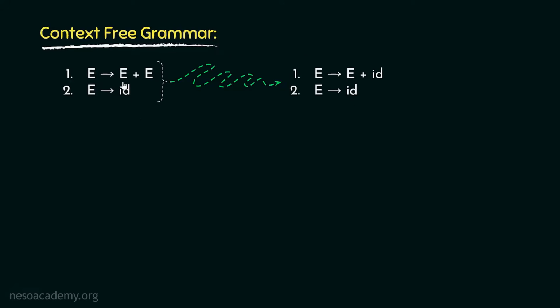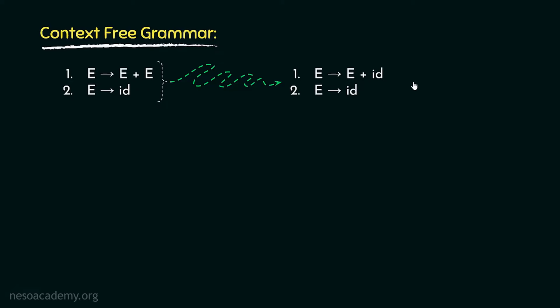Observe, apart from E plus E, E could only be rewritten as ID, right? So instead of E plus E, we will now derive E plus ID. Also, we should always be able to produce ID, so we are keeping the rule E can be rewritten as ID as well. Basically, we just restricted the flexibility of expanding the derivation on both sides of plus.